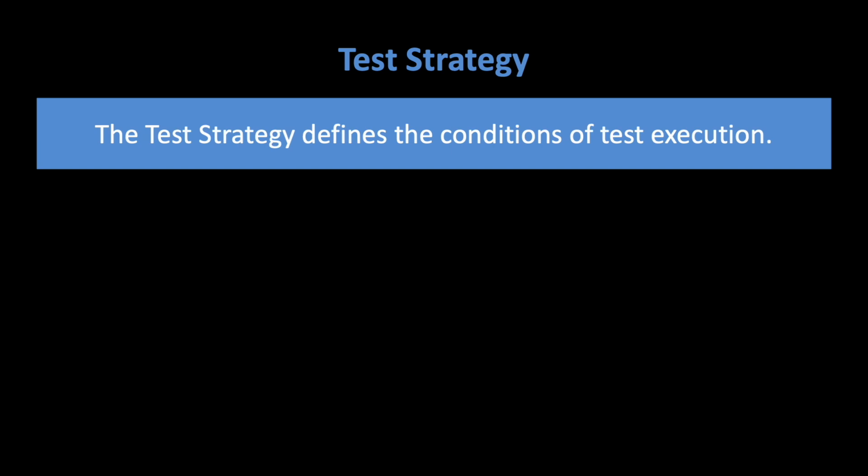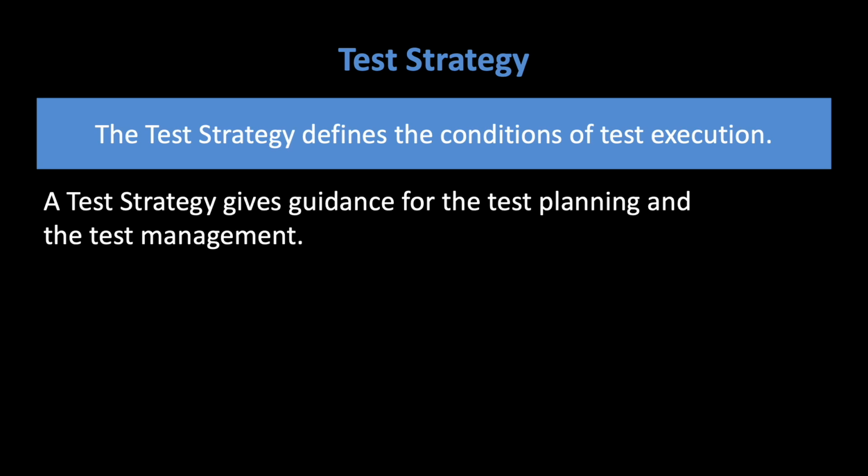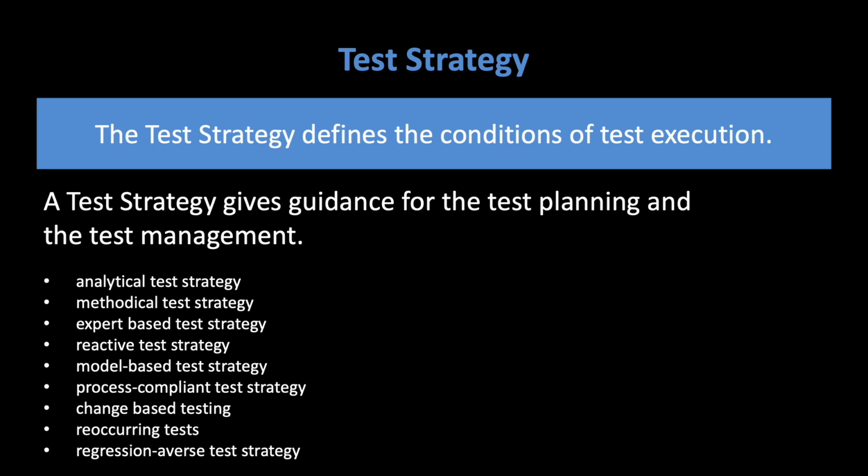Then the test strategy, which defines the conditions of test execution. Test strategy is highly dependent on the part under test, and it gives guidance for the test planning and the test management then. So listed here are several different test strategies.